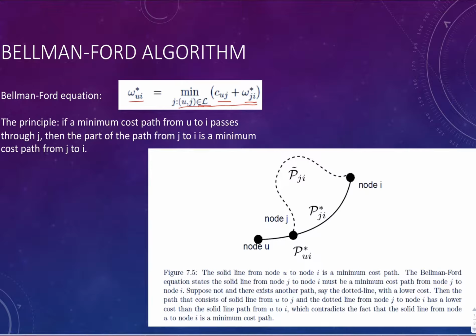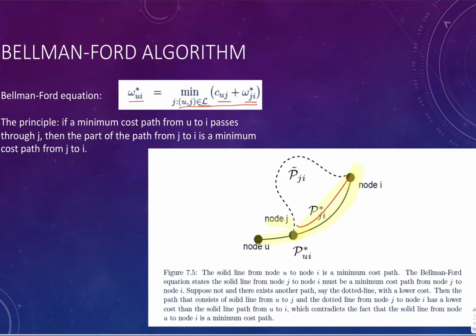Okay, the principle why this is optimal is that if the minimum cost path from U to I passes through some node J, then the part of the path from J to I must be a minimum cost path from J to I. Why? Well, because assume the contrary.